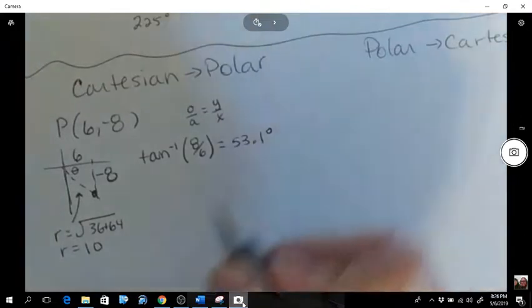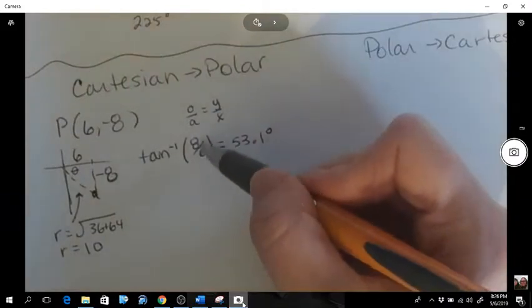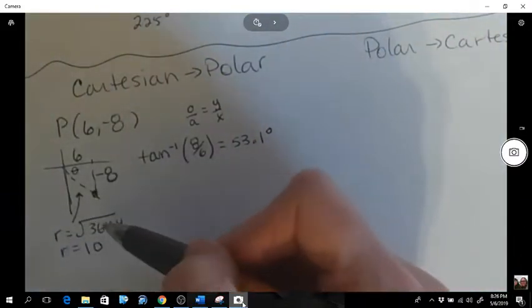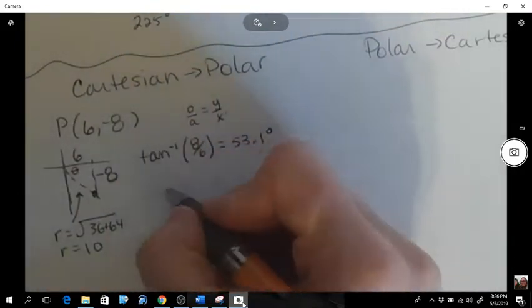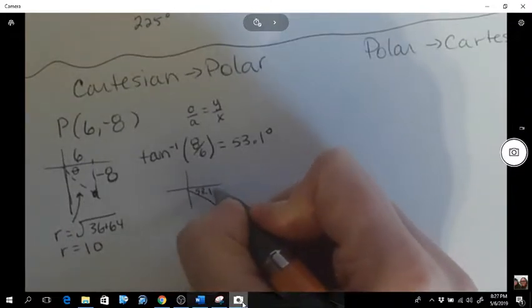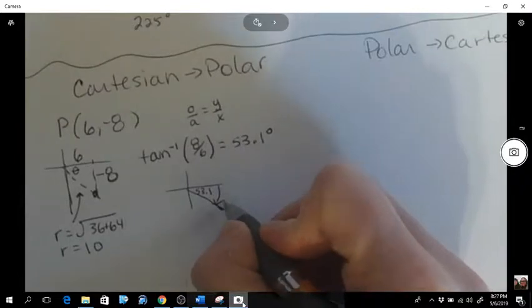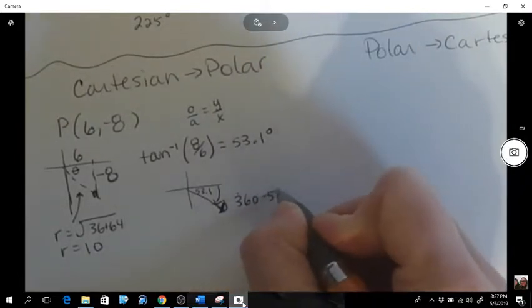And then that angle comes out to be 53.1 degrees. Okay, but that's just a reference angle. So that's why I did not put my negative sign in there, because the negative is in the location in the quadrants. So the 53.1 is this. So if you're 53.1 there, that means I'm going to actually be in the location of 360 minus 53.1.